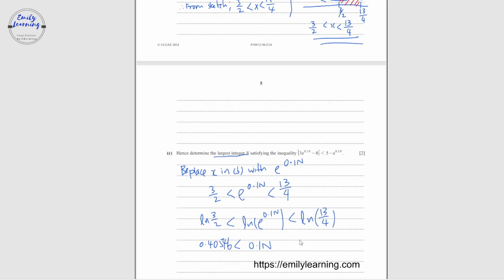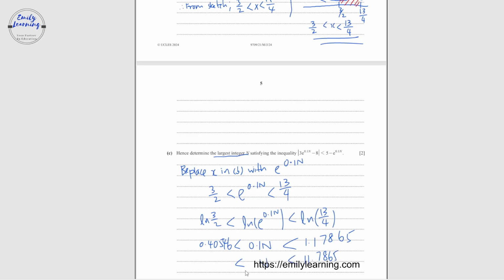So this is 0.40546. Then let me do the other portion. 1.17865. Then I'm going to divide everything by 0.1. So this one will give me 11.7865.